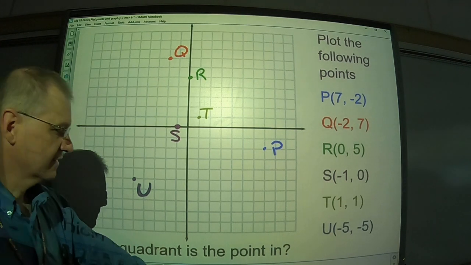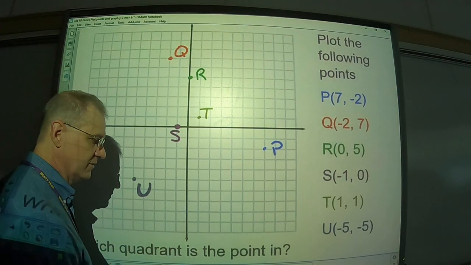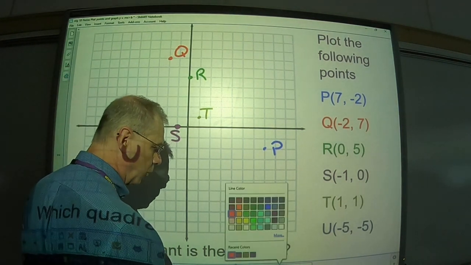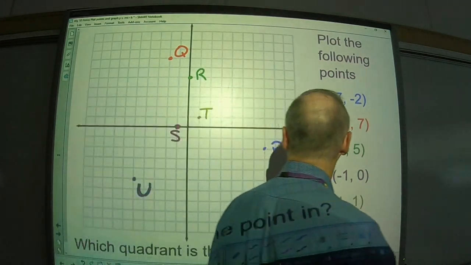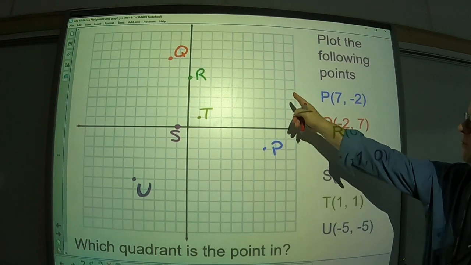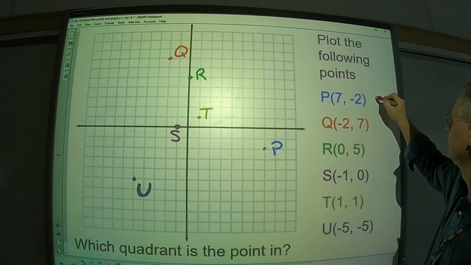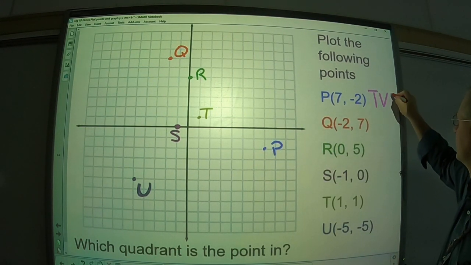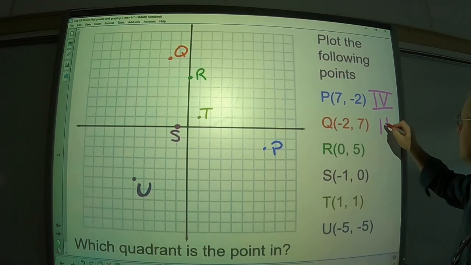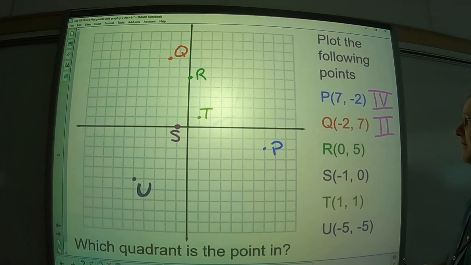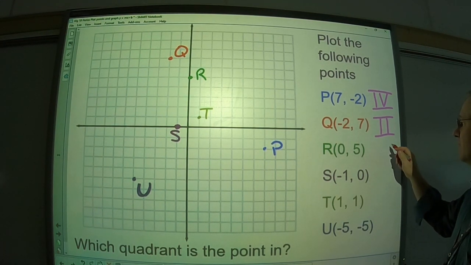All right, the next thing is we want to write down which quadrant each is in. P would be 1, 2, 3, 4. Q is in quadrant 2. R is not in a quadrant.